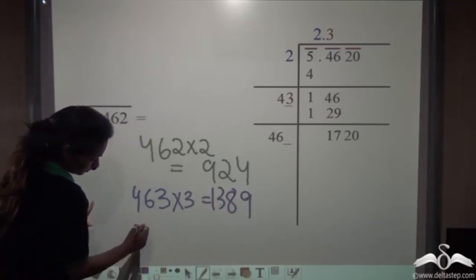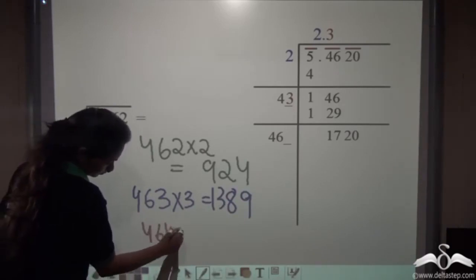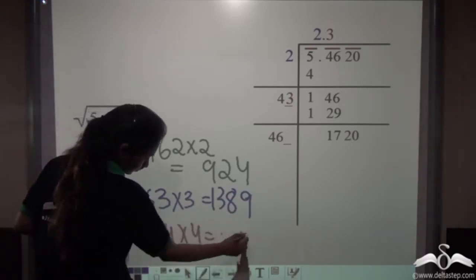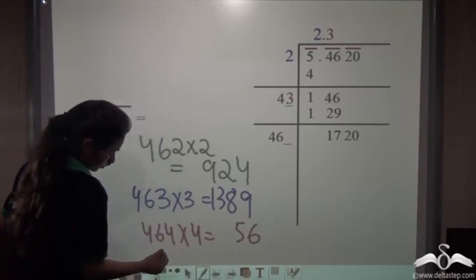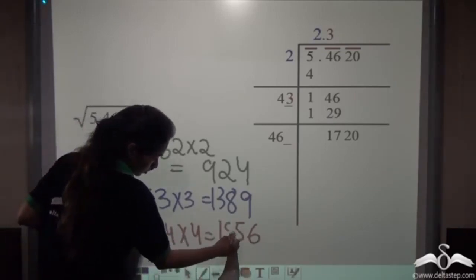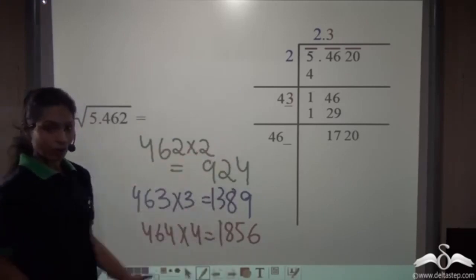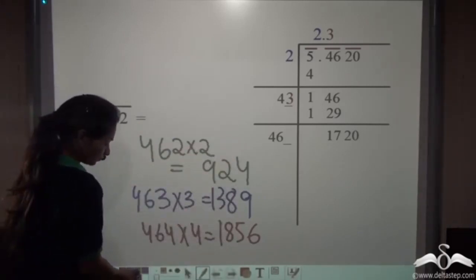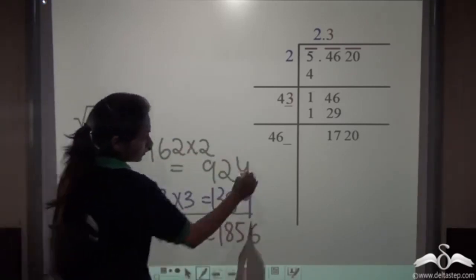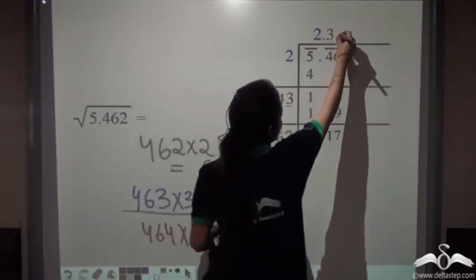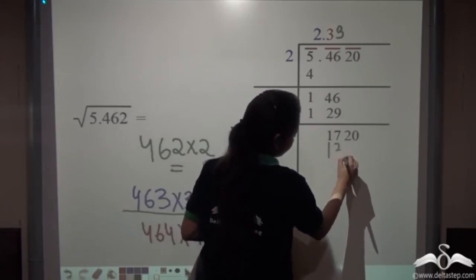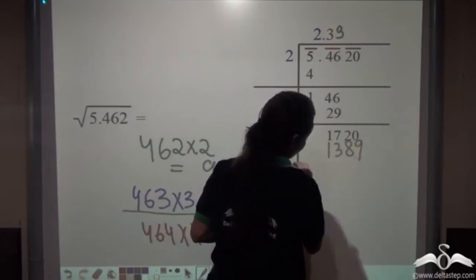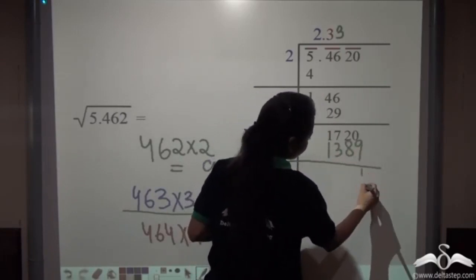Let's confirm. Well, this is going beyond 1720. So we'll take this one. 1389. Find out the remainder.